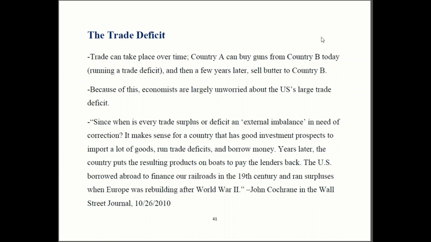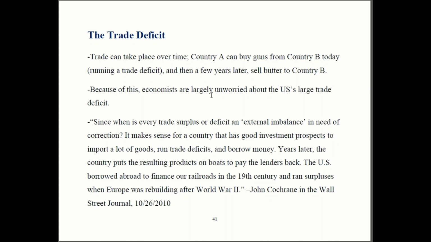John Cochrane writes, "Since when is every trade surplus or deficit an external imbalance in need of correction? It makes sense for a country that has good investment prospects to import a lot of goods, run trade deficits, and borrow money. Years later, the country puts the resulting products on boats to pay the lenders back."